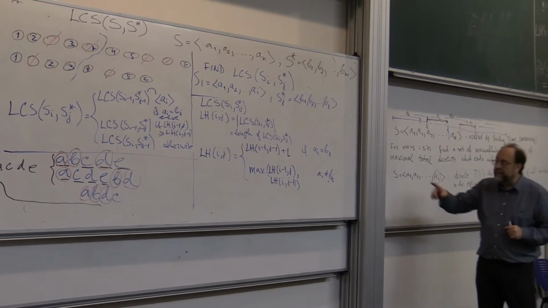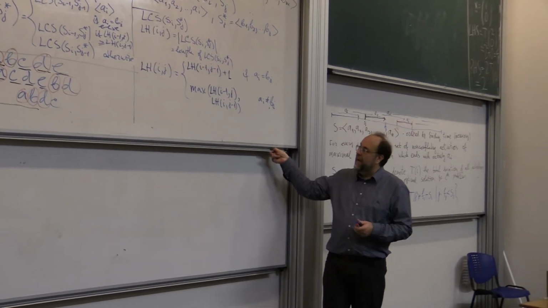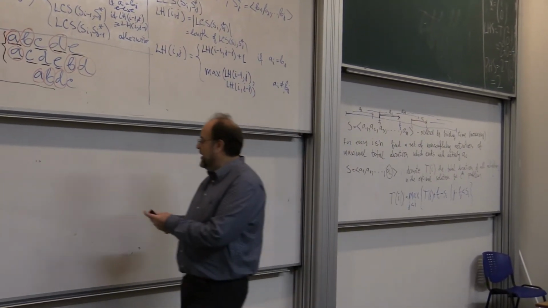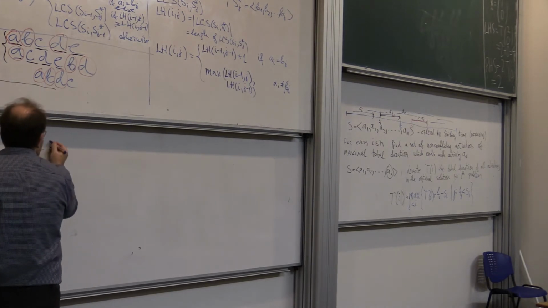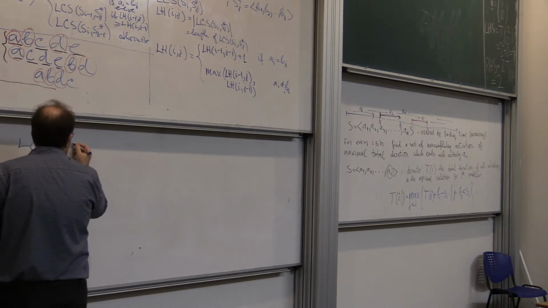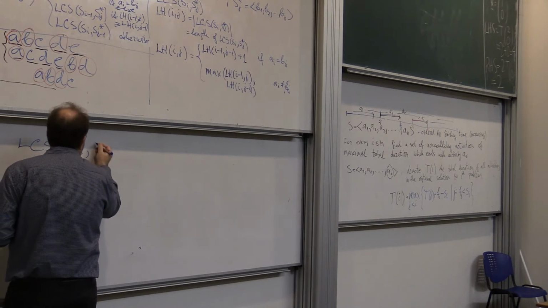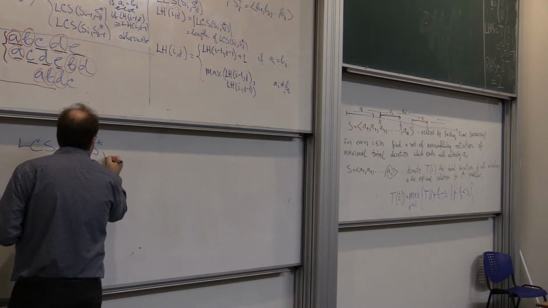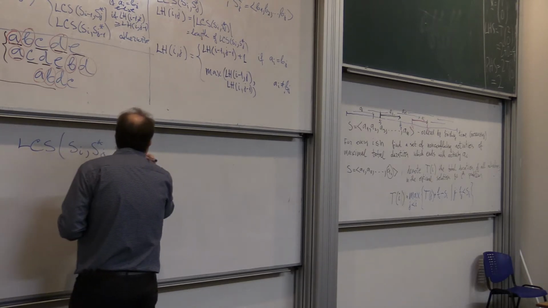So if I have 3 of them, what is the longest common subsequence of S bar I, S star J, and S bar K?